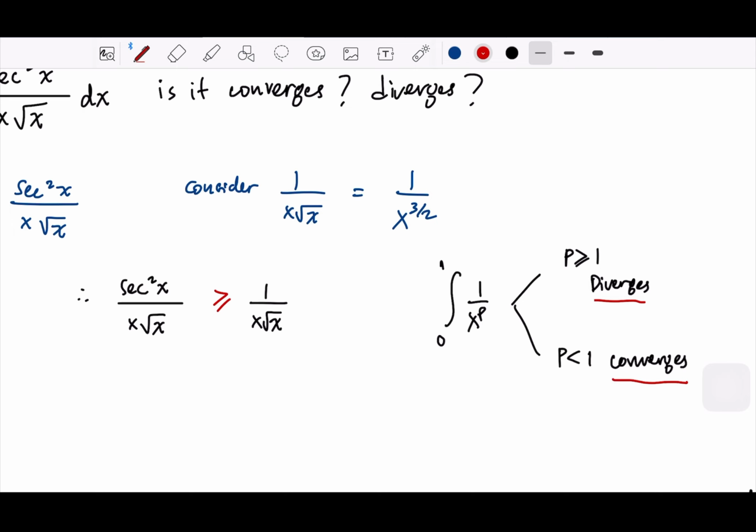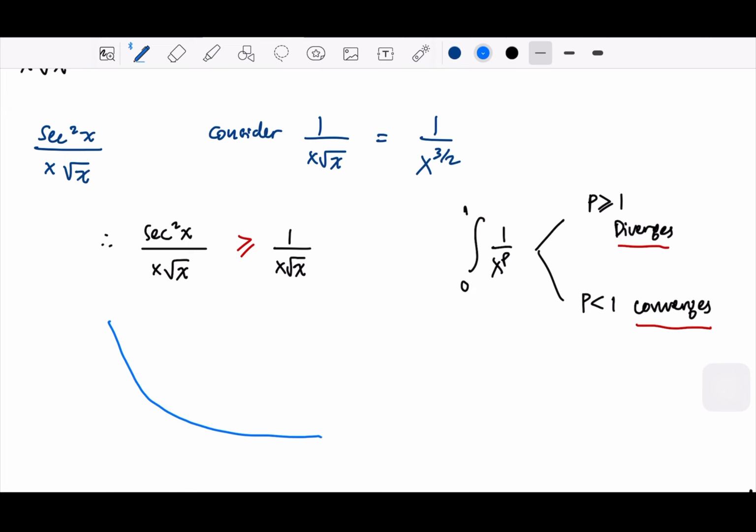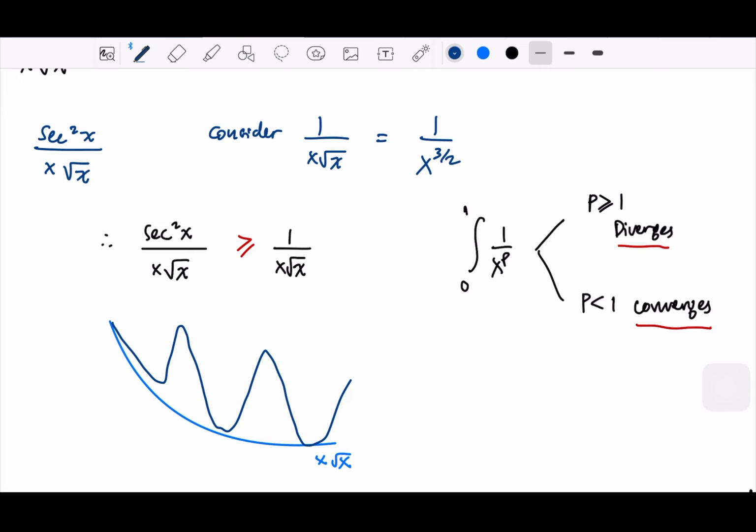Yeah, I think if you draw the graph, you will see that the 1 over x square root of x is going to be larger. Let me just show you the illustration on the drawing. So this will be, let's say, x square root of x, and the secant squared is going to be like, okay, yeah, maybe not really precise, but it's supposed to be.